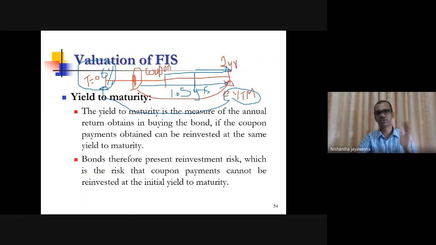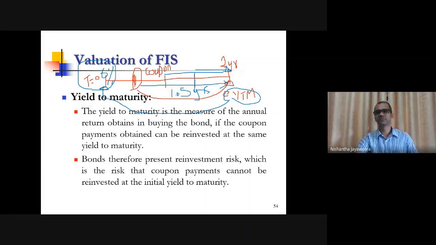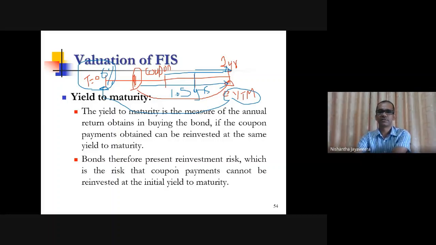If interest rate goes down in the future, you may not be able to invest at the same 6%. But if the interest rate goes up, then you will be able to invest that coupon at a rate higher than 6%. So that's why we call bonds, they carry reinvestment risk.